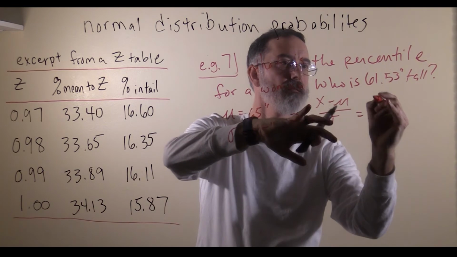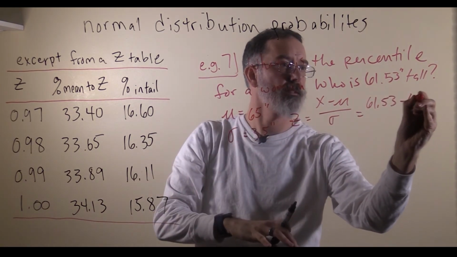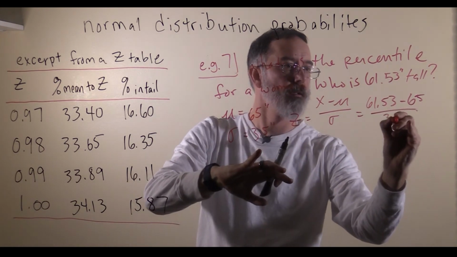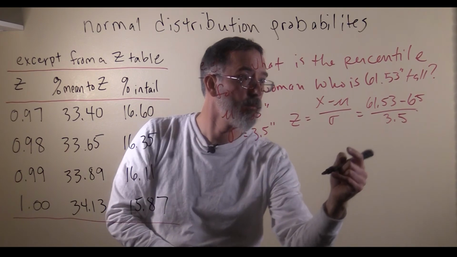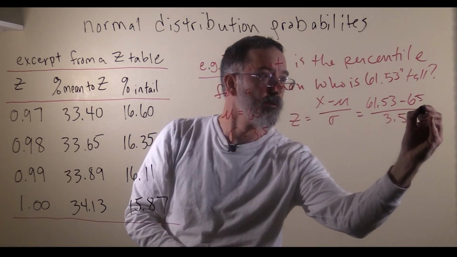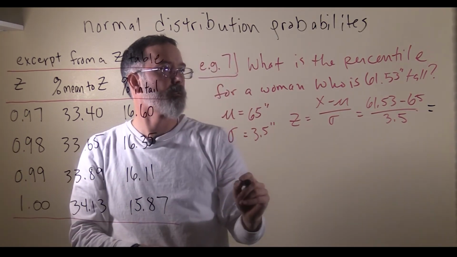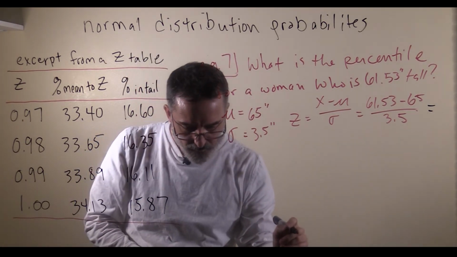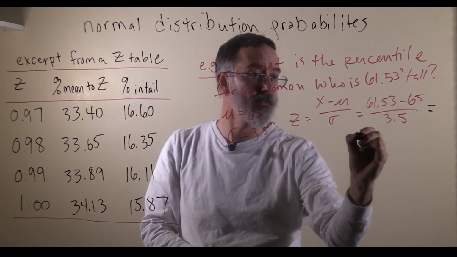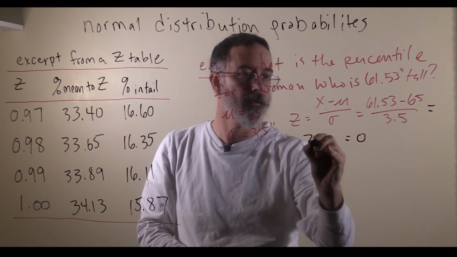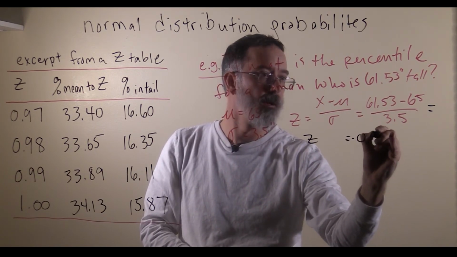So her height goes there. Subtract the mean of 65, divided by 3.5. Down here, 61.53. I did the math earlier, and what I got was a z-score equal to negative 0.99.